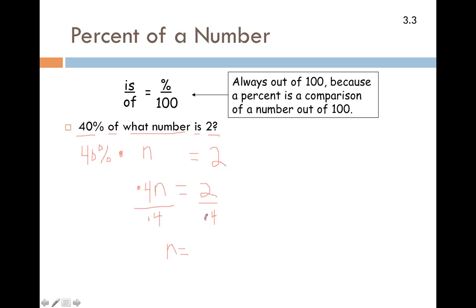Now, when we're dividing like this, 2 divided by 0.4, what does the rule say about dividing decimals? We just talked about that rule today. Then we'll get to David's question.